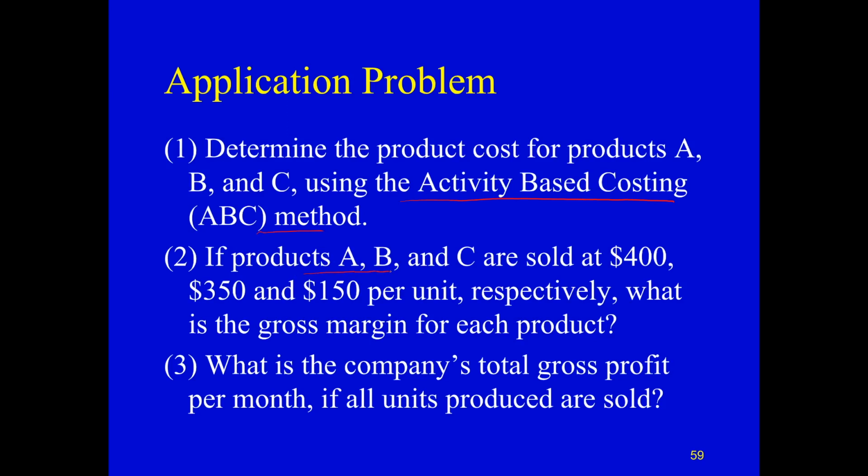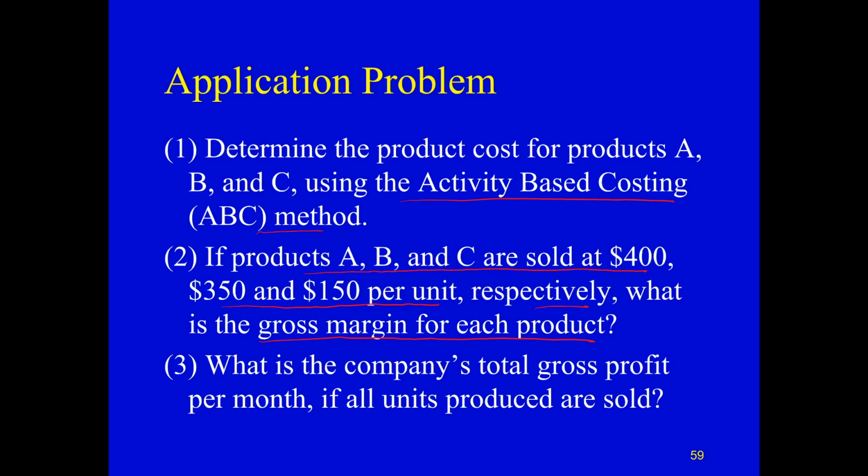If products A, B, and C are sold at $400, $350, and $150 per unit respectively, what is the gross margin for each product? Remember that gross margin is the revenue minus the cost of goods sold.